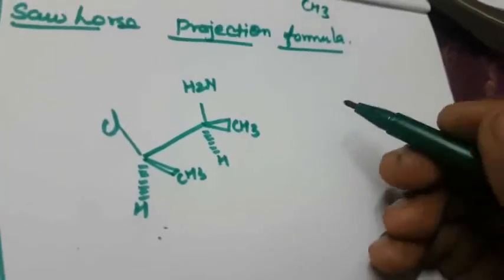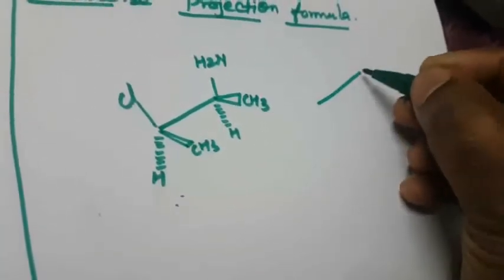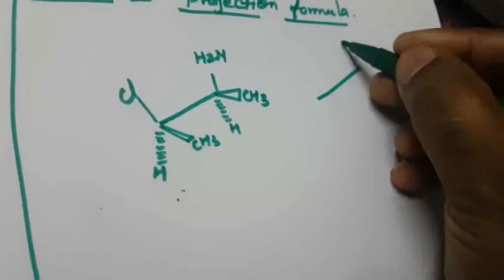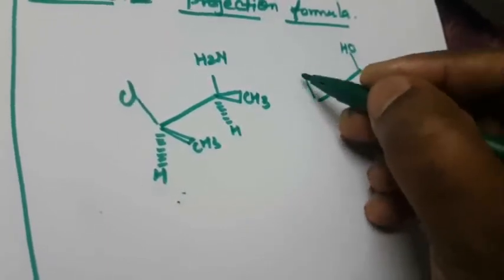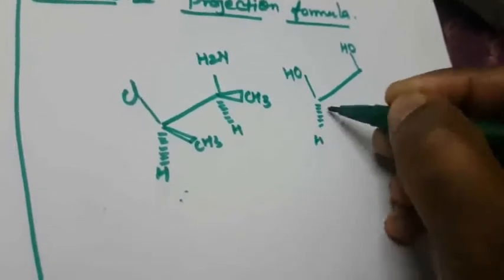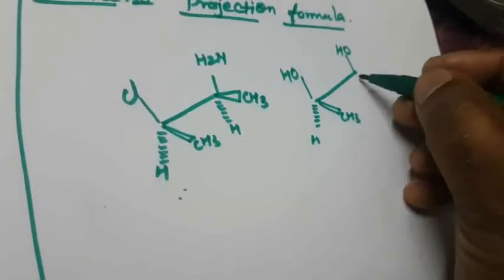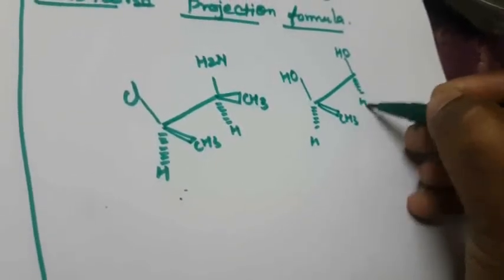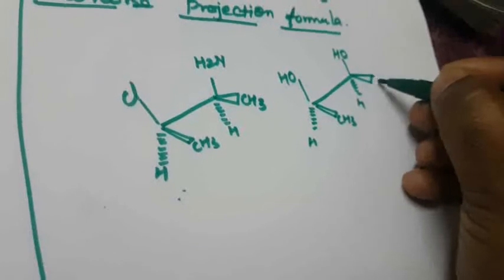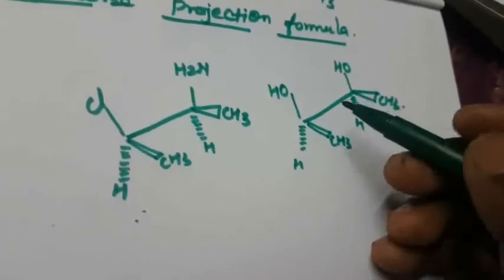Again this structure can be written likewise, with the dotted line, OH, OH, H, CH3, H, CH3.